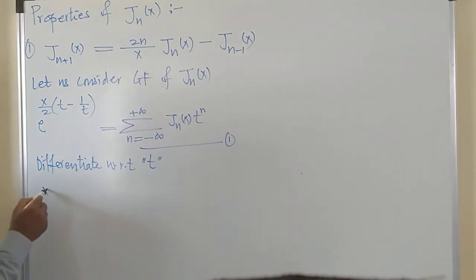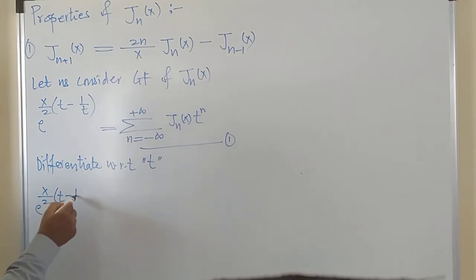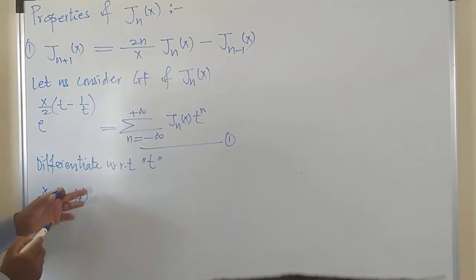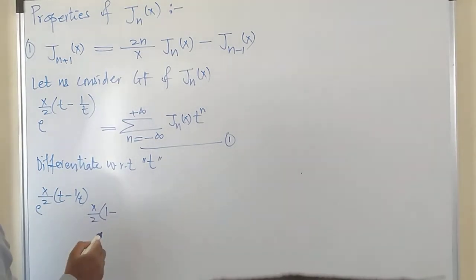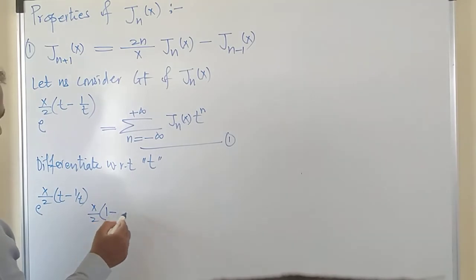We will get e raised to x by 2 into t minus 1 by t, since differentiation of e raised to power is e raised to power only, into the differentiation of the exponent: x by 2 is a constant, and differentiation of t is 1 minus differentiation of 1 by t, that is minus 1 upon t square.